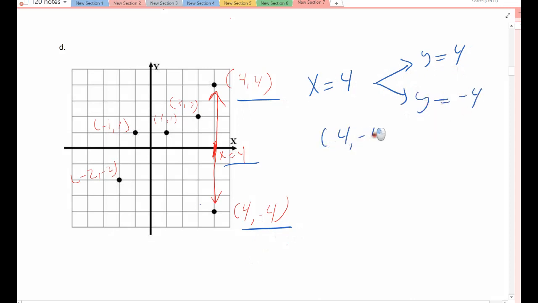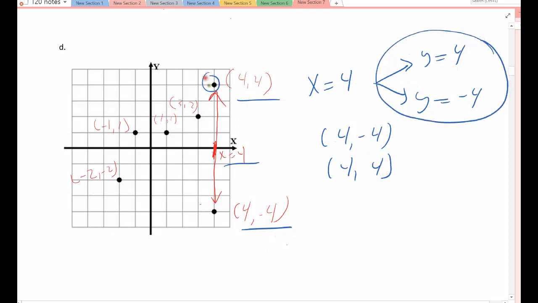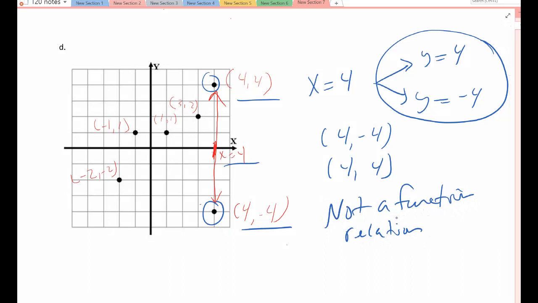And so I've got a point 4, negative 4. I've also got a point 4, positive 4. And so because of this, it fails. So it's not a function. It is a relation. It's a scatter plot. It's a relation. It's just not our special type of relation that we call a function.